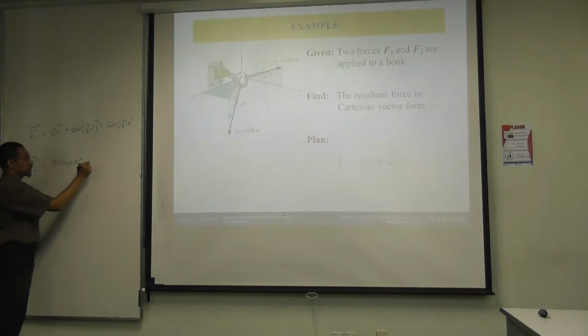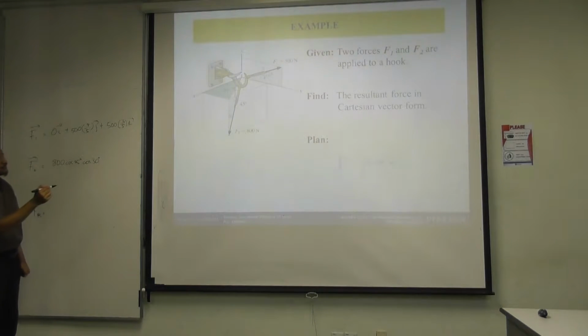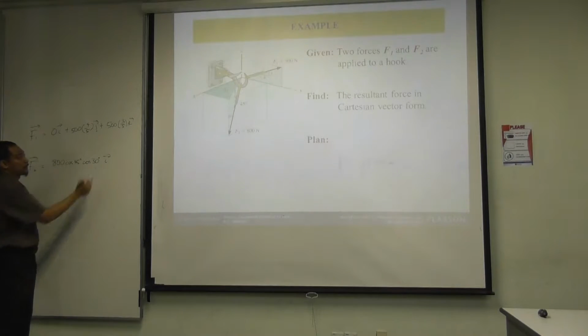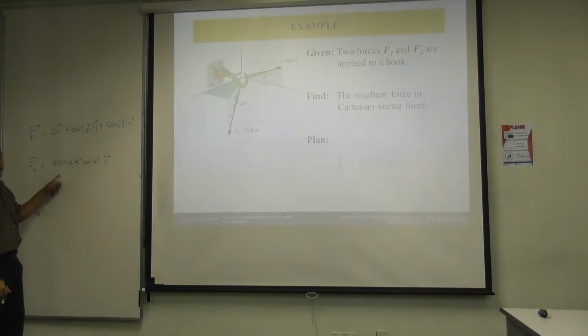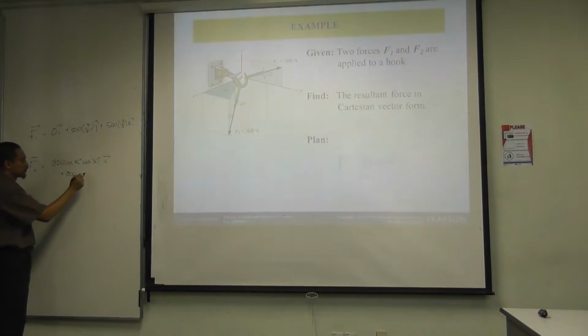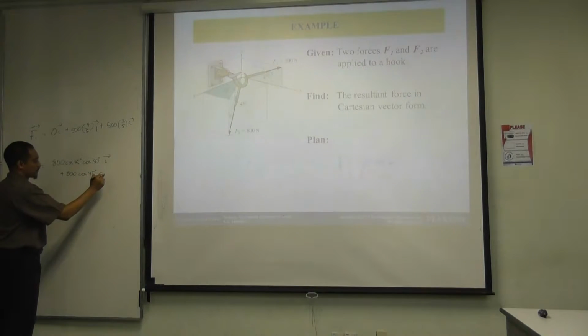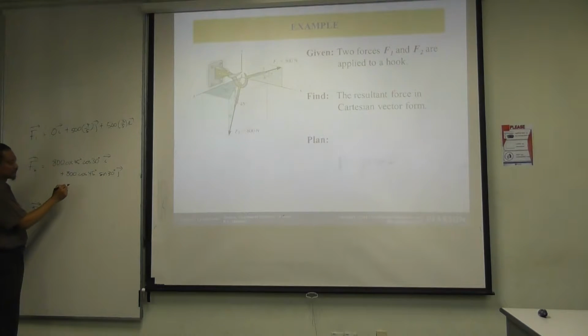Cos 30. Okay, how many of you can get this one? What about y? Cos 45. Sin 30. And then? Cos.